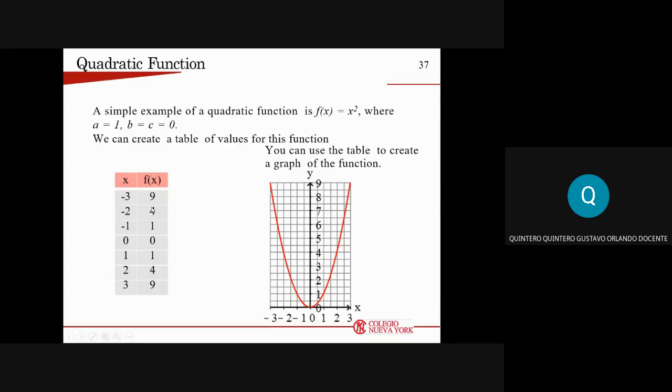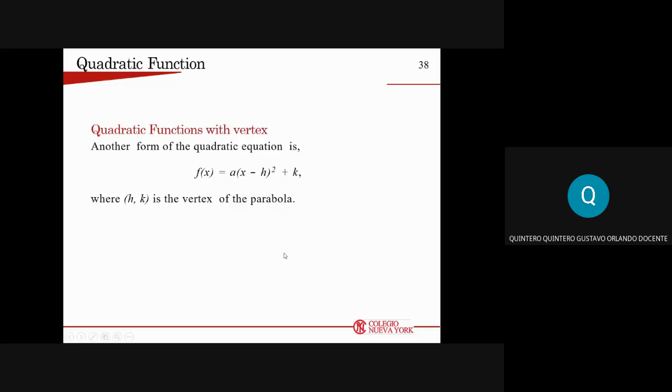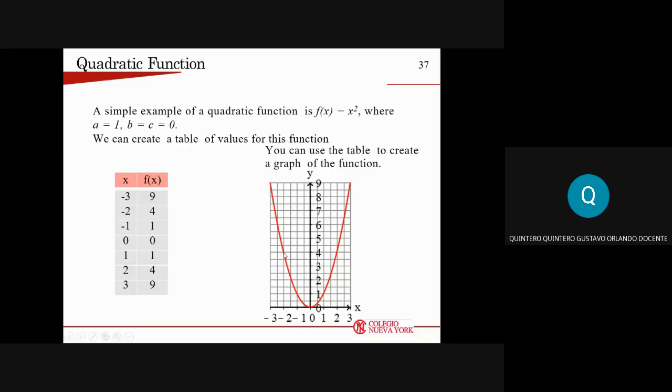The second one is -2,4. So -2 in x and 4 in y. Here will be our second point. Right? If you do the same with every single pair, you will have a bunch of dots that then you link together to create a function. All right?